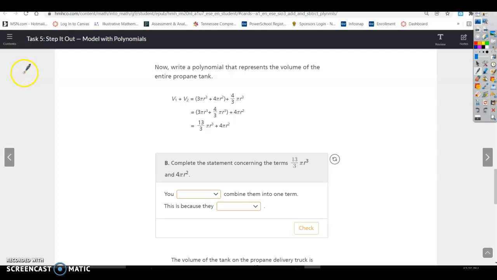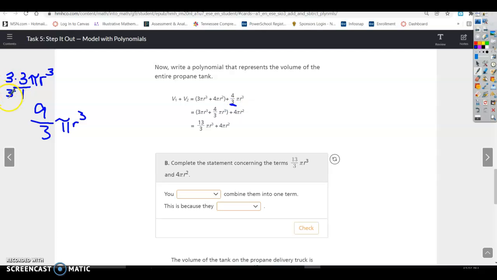All right, so you've got 3 pi r cubed. And anything can be written over 1. But also if I want to combine like terms to add fractions, you have to have a common denominator. So I can say this is 9 over 3 pi r cubed. And the reason I chose 3 here is because this one already has a denominator of 3.